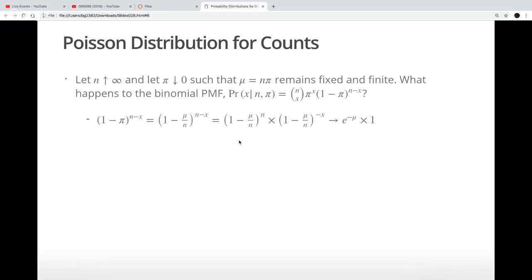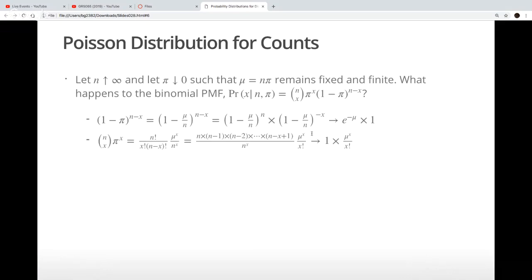There's lots of ways to define e, the number, and they all are equivalent definitions. It implies 2.7128, etc. Anyway, the limit of that first term is e to the negative mu. And then we have (1 minus mu over n) raised to the power of negative x. Those are all constants except for n. So as n gets large, mu over n goes close to 0, and that just becomes 1 raised to the power of negative x. So that's 1.